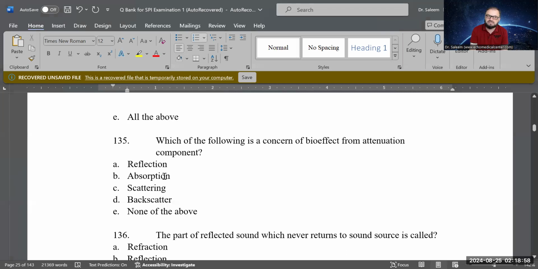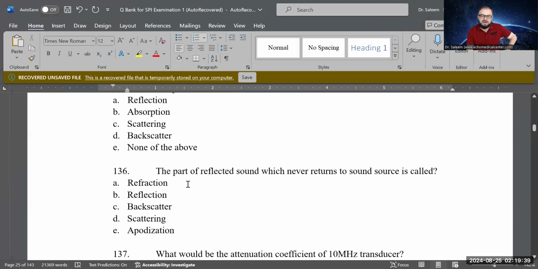That is absorption, because as we just mentioned in the previous question, the energy of sound will convert to heat energy. That heat and the mechanical index go higher, and they will produce bubbles. We have transient bubbles and stable bubbles. When they burst, they will cause bioeffect, which is damage to tissues. Absorption is the correct answer. Next.